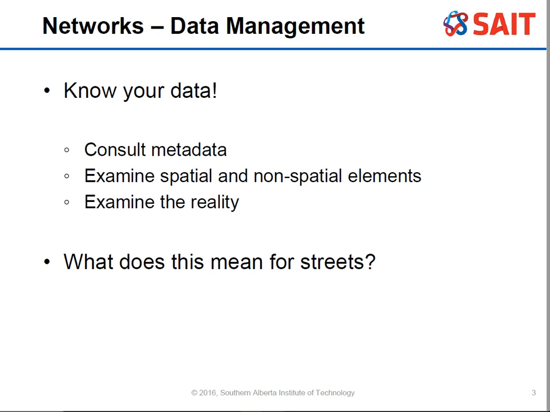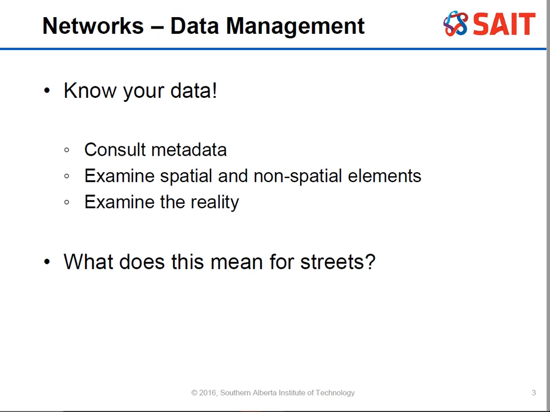And then look at reality. So if you have the opportunity to be there in person and actually see it, then look at it. Does it make sense? Do you think that what you're seeing in your data makes sense for the reality? So then, what does this mean for streets? Of course, all of us have used GPS to be able to navigate.